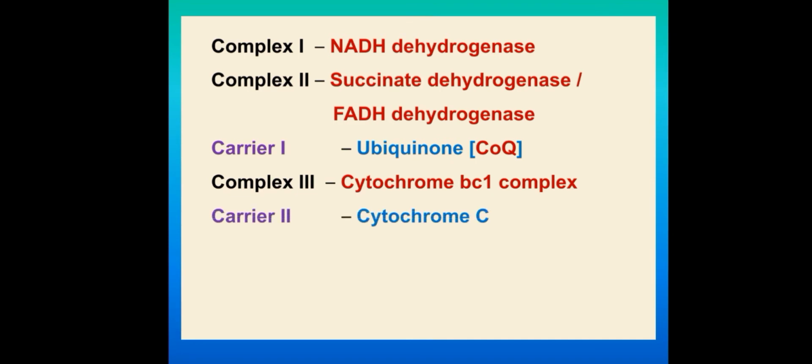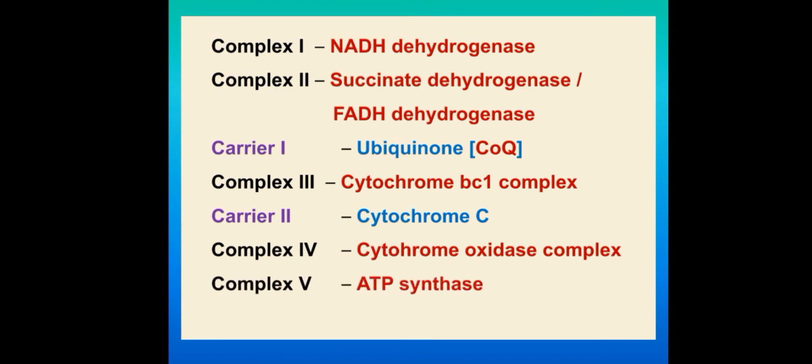The next carrier is cytochrome C. Complex 4 is cytochrome oxidase complex. Complex 5 is ATP synthase enzyme. And the final electron acceptor in this electron transport system is oxygen.